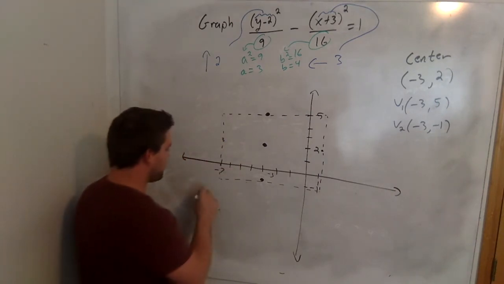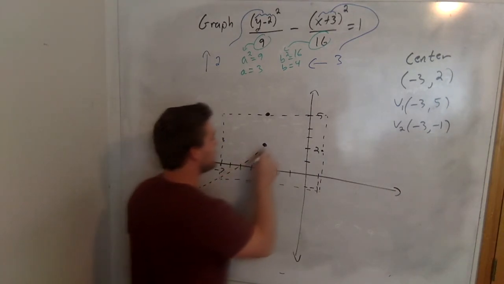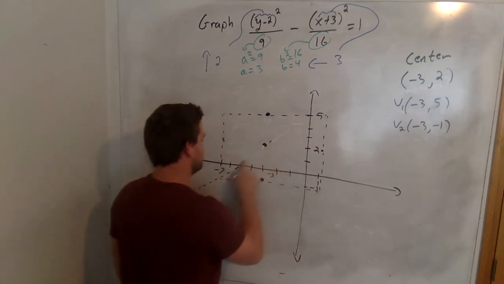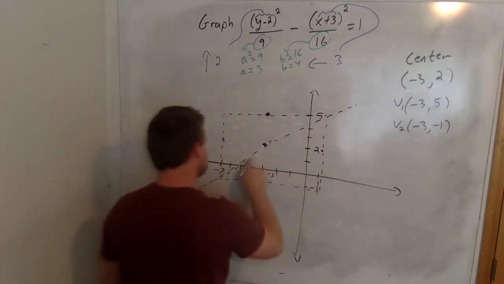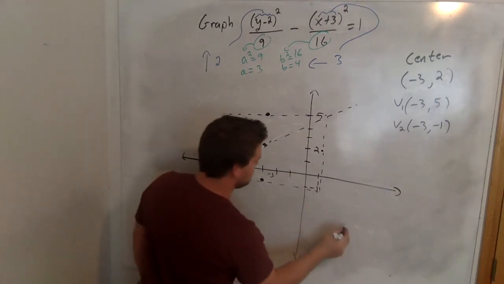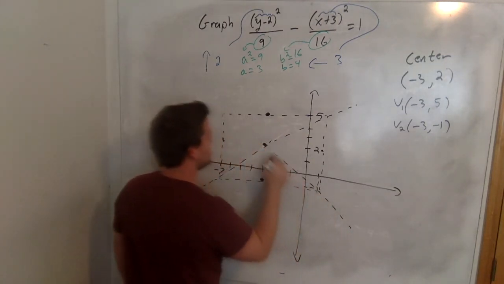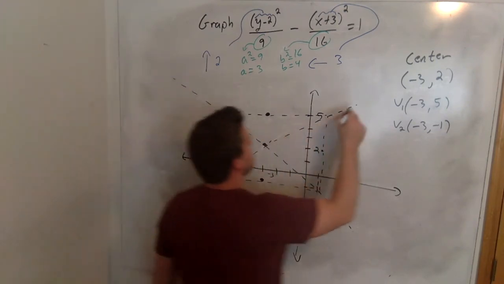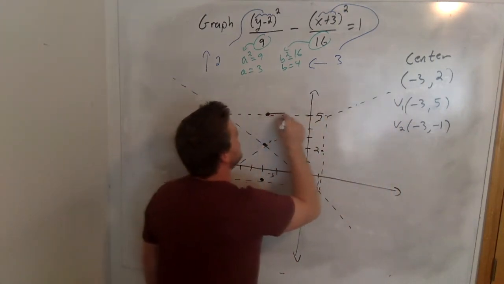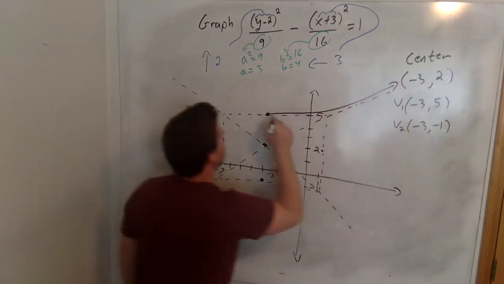Okay, we can draw our asymptotes. Let's do that a little bit better. And since it's opening up and down, the hyperbola will look something like this.